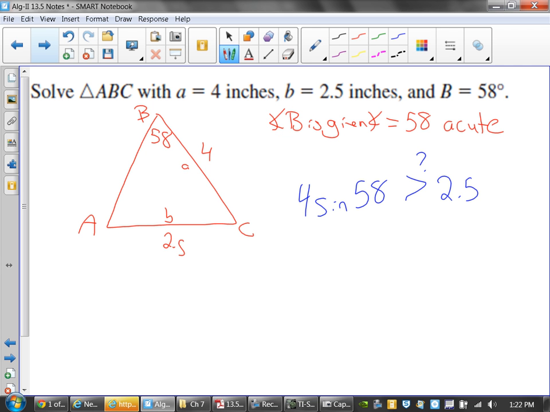I get 3.39. Is that bigger than 2.5? Yes. That means there's no triangle. So we can't do anything. We just go to the next problem.